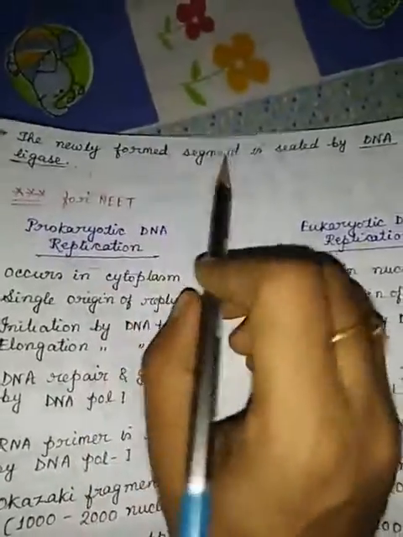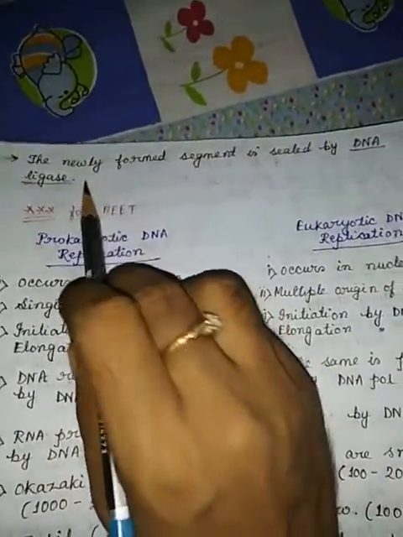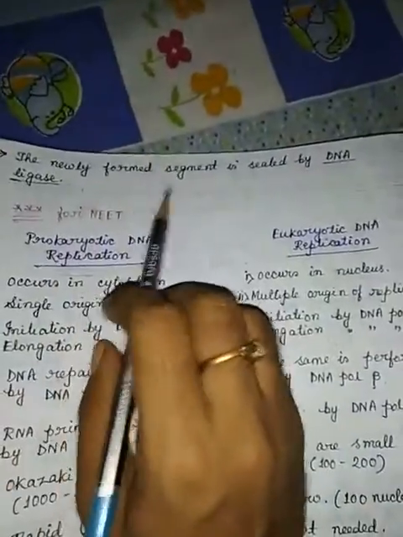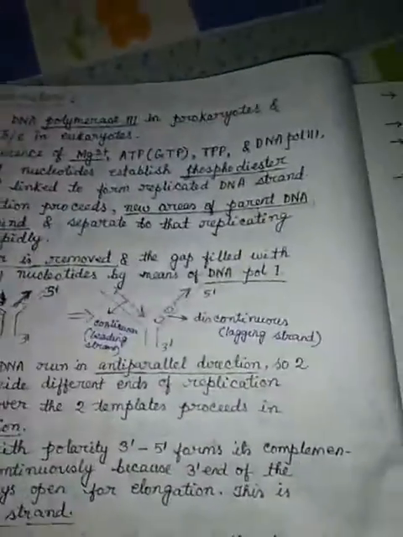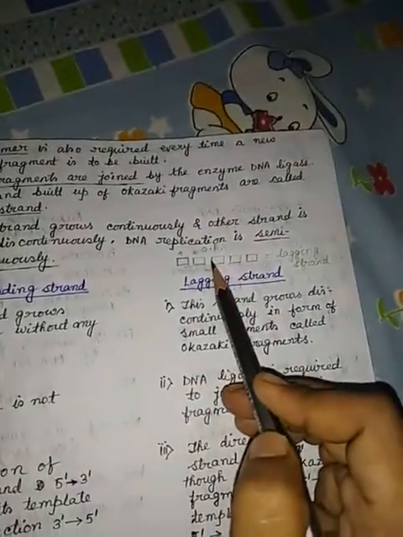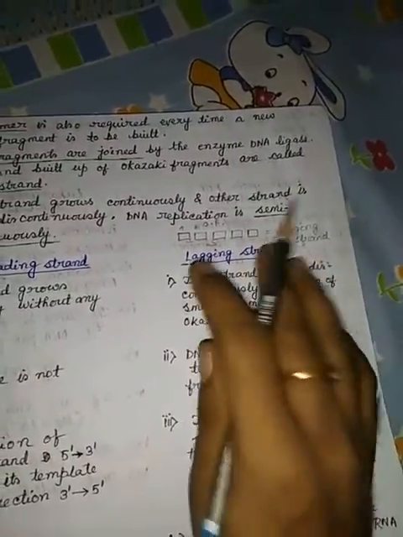And the newly formed segment is sealed by DNA ligase again. So DNA ligase connects the newly formed segments here also. The Okazaki fragments are also sealed by DNA ligase to form a lagging strand. So this is the basic DNA replication process.